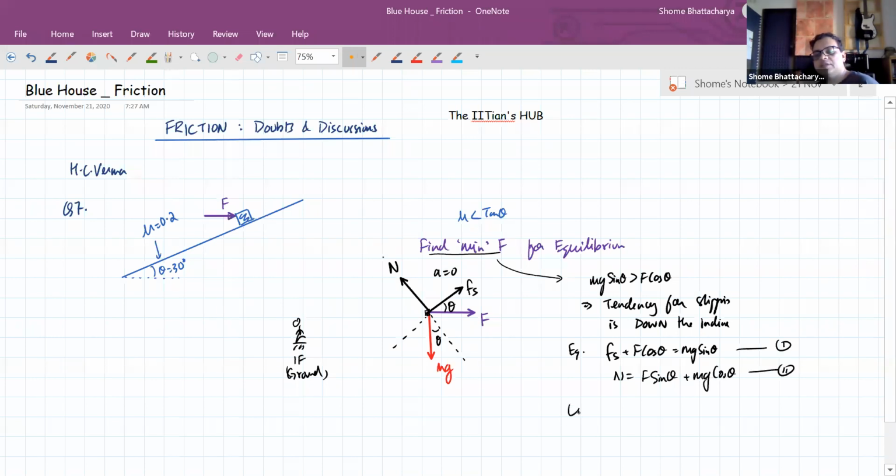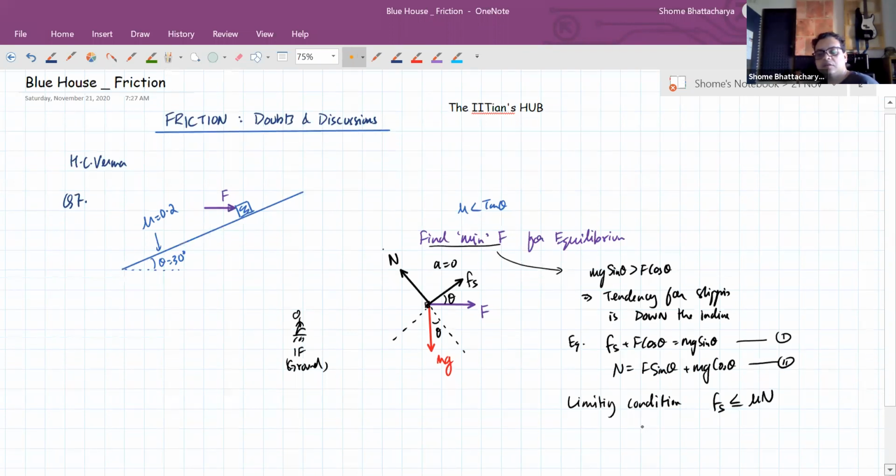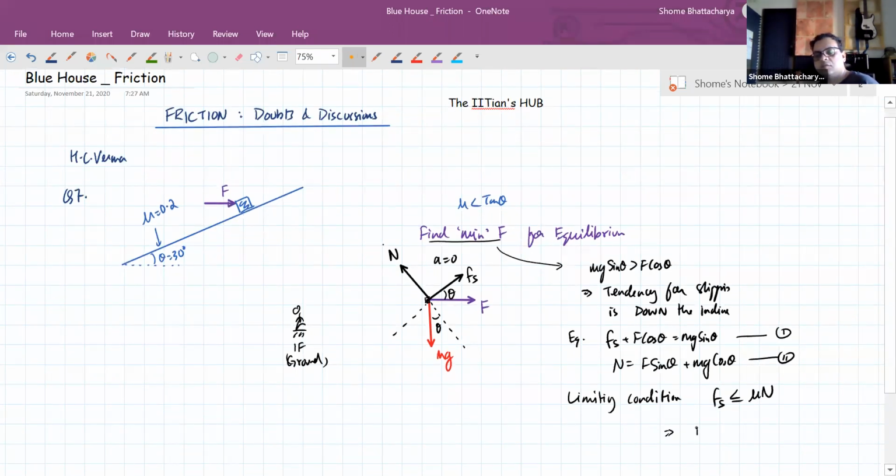Now the limiting condition is that static friction cannot exceed mu n. So substitute from the first equation static friction on the left hand side, that is mg sine theta minus f cos theta.